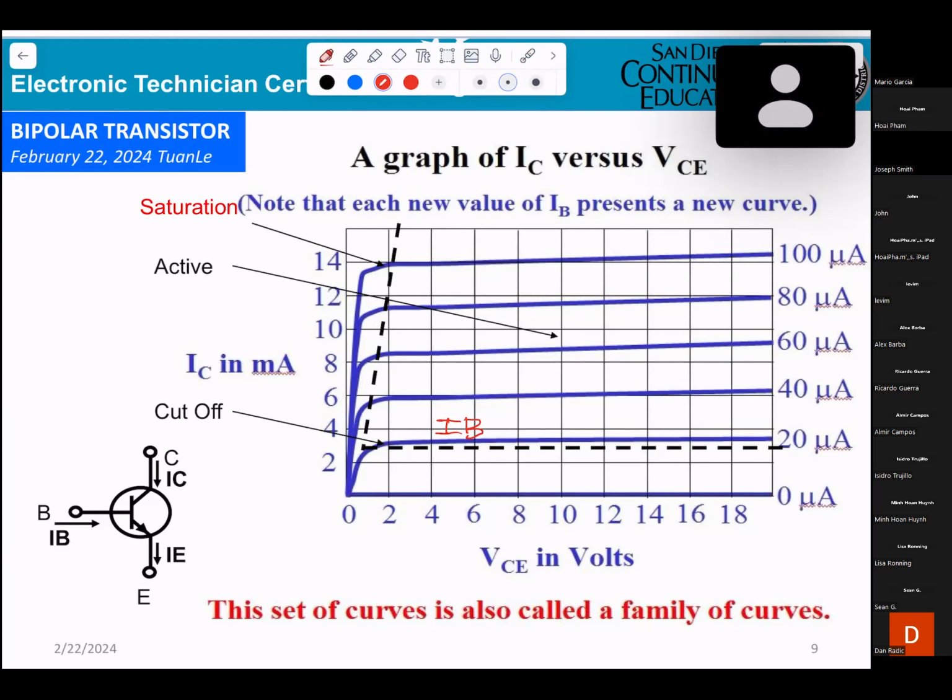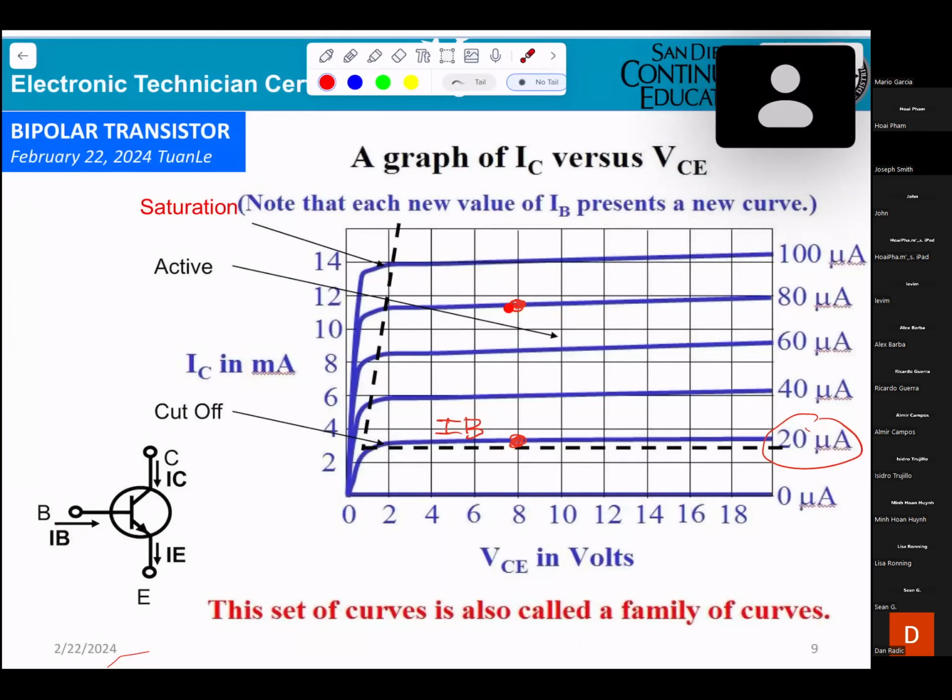If you get a point right here, what does IB equal? 20, you go to the right. 20 microamps. If you get a point in here, what is IB? 80 microamps. They're telling you right here.